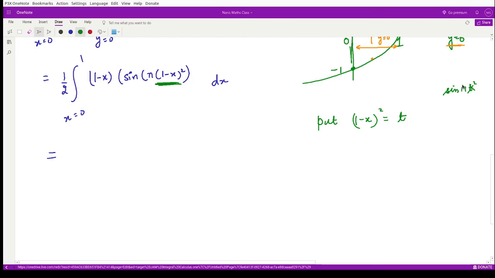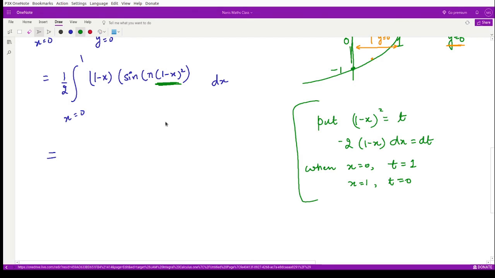So in order to remove this square quantity, we make a substitution: 1 minus x whole square is equal to t, so that we have 2 into 1 minus x into minus 1 into dx is equal to dt by differentiating this quantity. And whenever the value of x is 0, your t is equal to 1, and whenever x is equal to 1, your t is equal to 0. So we also obtained the limits.